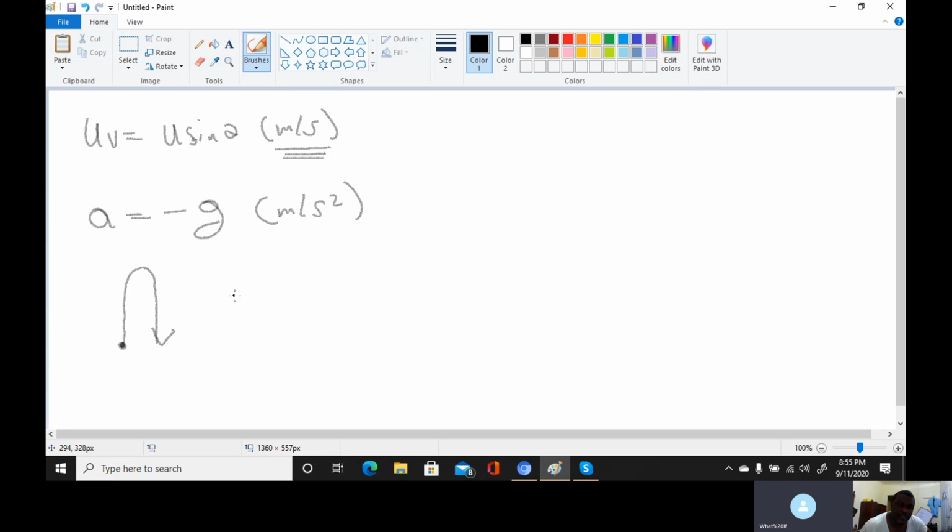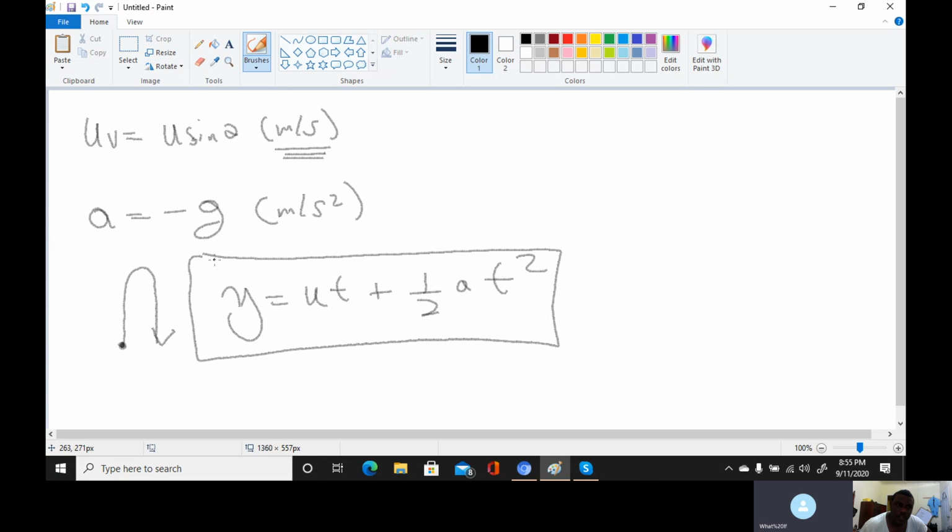In terms of the displacement, we'll write the formula y is equal to ut plus a half at squared. Why can't we just use the same thing that we used before? Because now I'm analyzing different motions, right? If the projectile moves all the way up and all the way down, say we want an expression for the time.